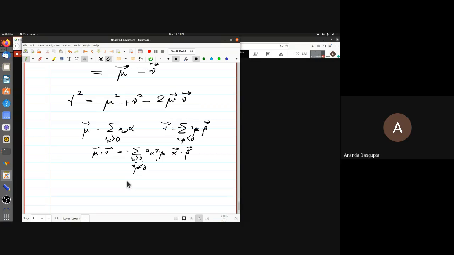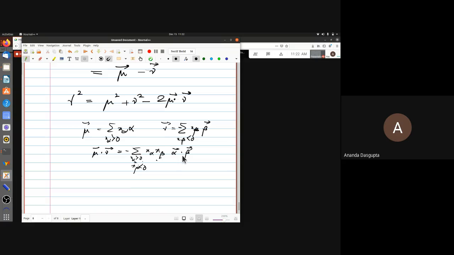But what's the sign of the overall thing? Alpha dot beta is definitely negative, right? Alpha and beta are simple roots, so alpha dot beta, the angle between them is definitely non-positive. Let's put it that way. x alpha x beta is definitely negative, right?